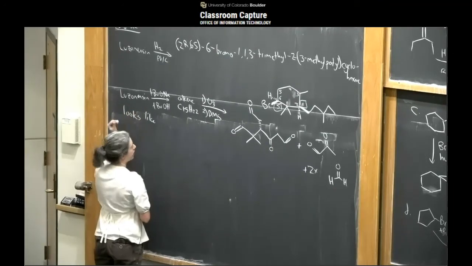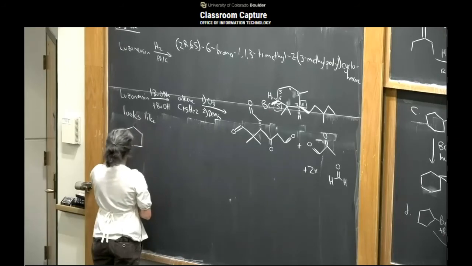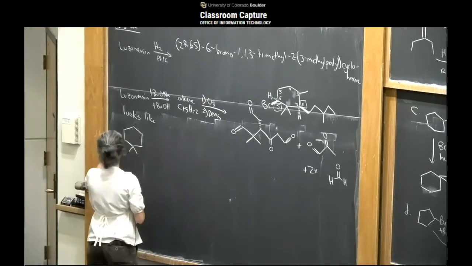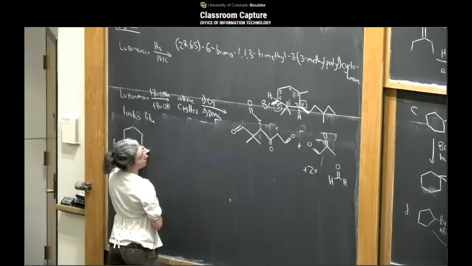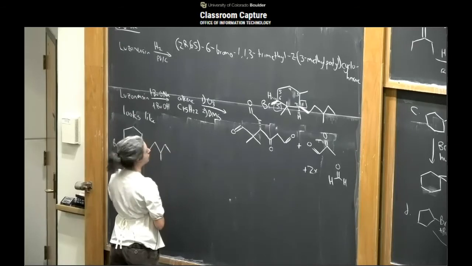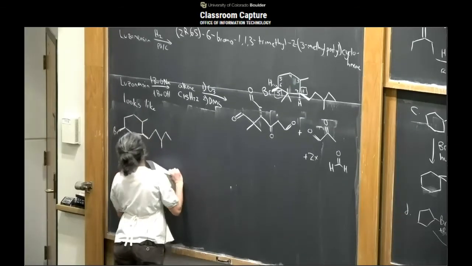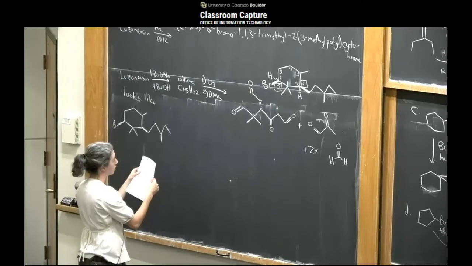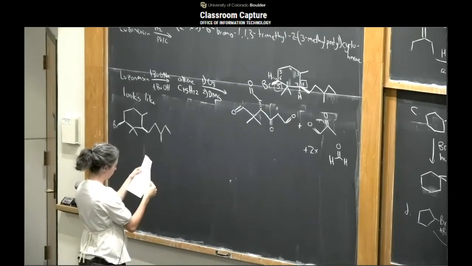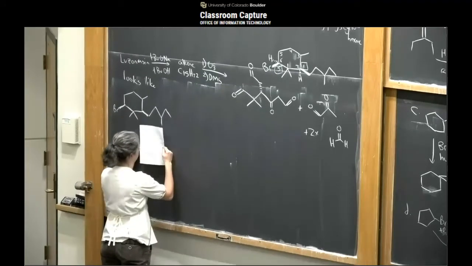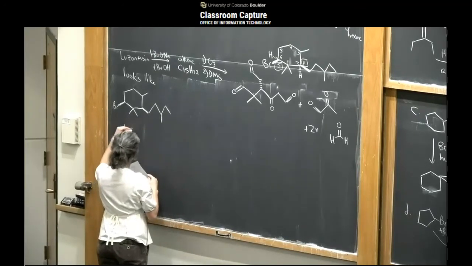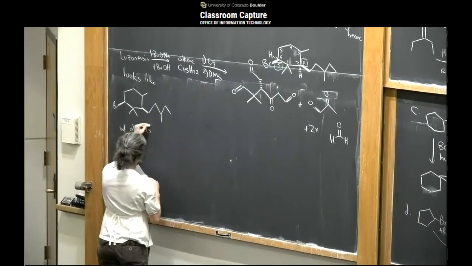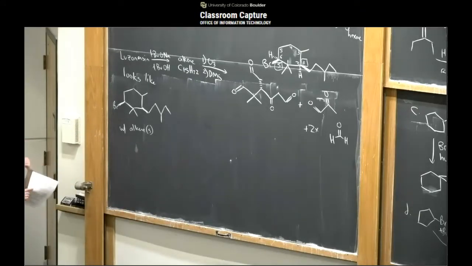So Luzonensin, we already know, looks like that thing. I'm going to redraw it a bit neater over here without all the annotations on it. Bromine bold, this other group bold, and the methyl. And then with at least one alkene in it, possibly more, we don't know yet.